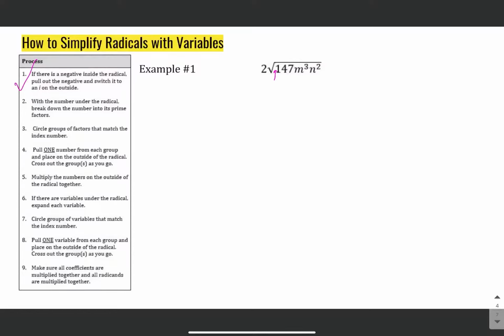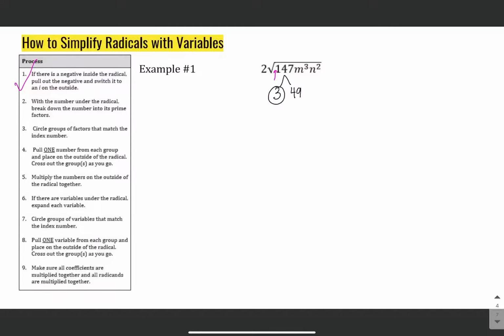All right, step number 2. With the number under the radical, break down the number into its prime factors. Okay, we've done this before. We can do this. So let's look at 147, and we need to figure out what it's divisible by. Well, 147 is an odd number, so we can try 3. Oh, that works. So 3 and 49.